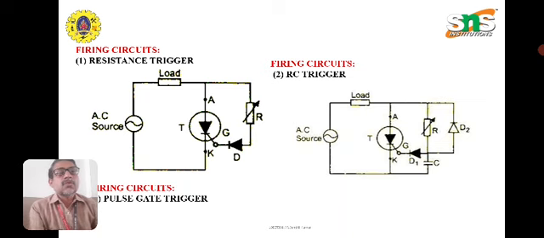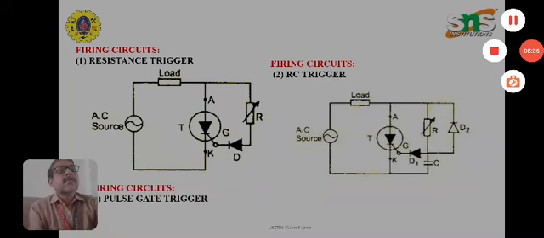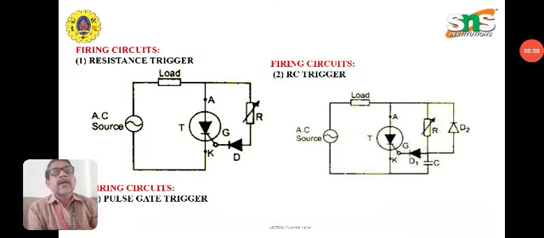On the left hand side is the AC source, and the load is there, a thyristor, and a variable resistor is given in order to give a pulse of current through the diode to the SCR. Resistor capacitor triggering is similar, where a capacitor comes into the picture. This RC type triggering can be utilized for more than 90 degrees, whereas R type triggering is utilized only up to 90 degrees, meaning up to pi by 2.